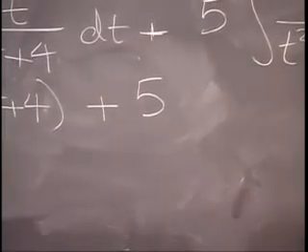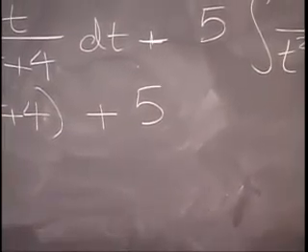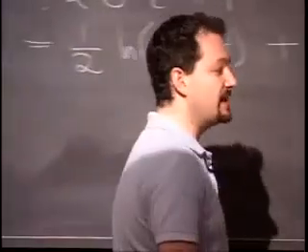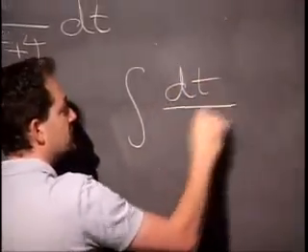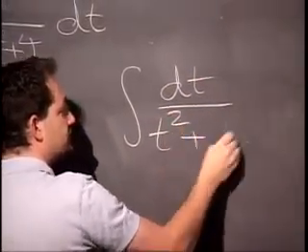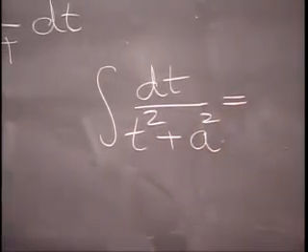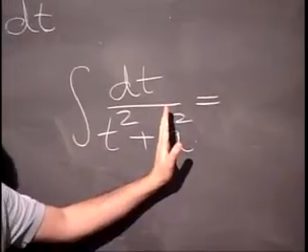What is it? Well, for the purposes of partial fractions, I want you to memorize something that we can check and you can derive, but to be sensible about it, if you just learn this really common integral here, dt over t squared plus a squared. If this a is a 1, what is that integral?